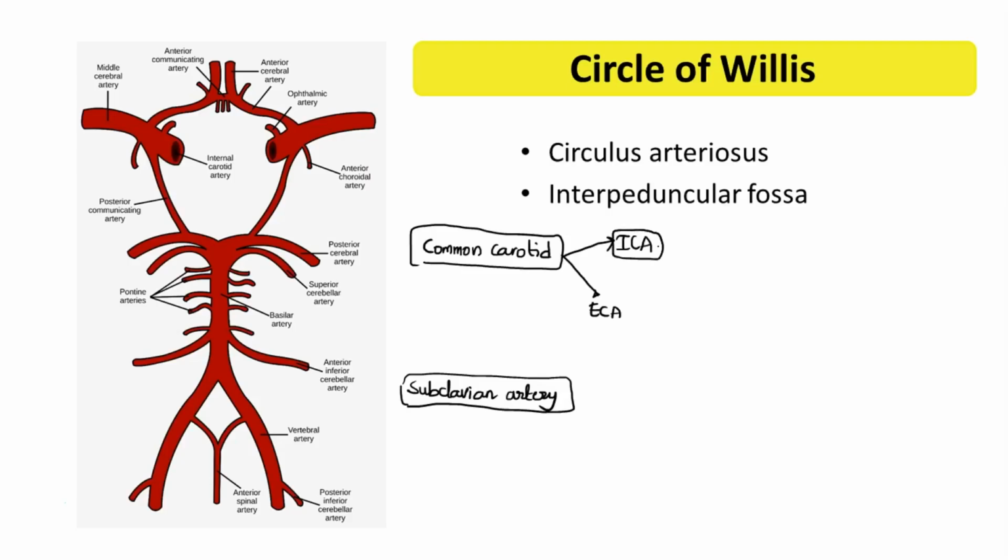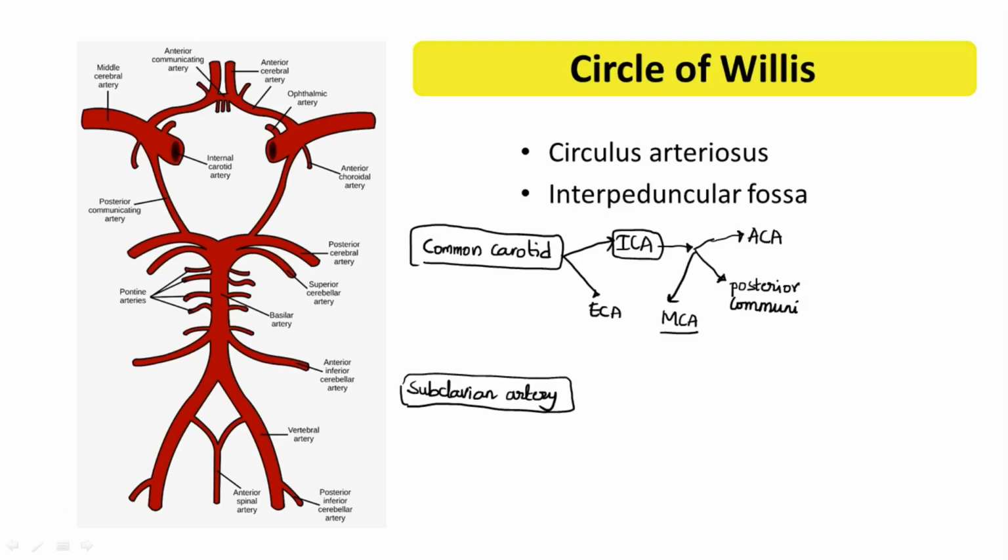This internal carotid artery is the major supply to the brain. It goes inside the skull and it supplies the major part of the brain. The internal carotid artery, after entry into the brain, divides into anterior cerebral artery, posterior communicating artery, and middle cerebral artery.